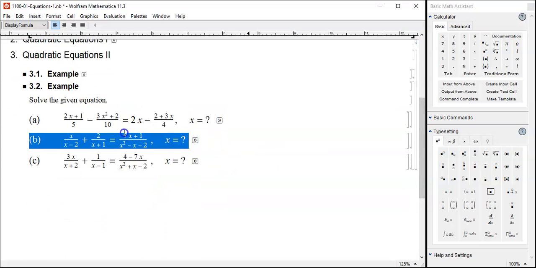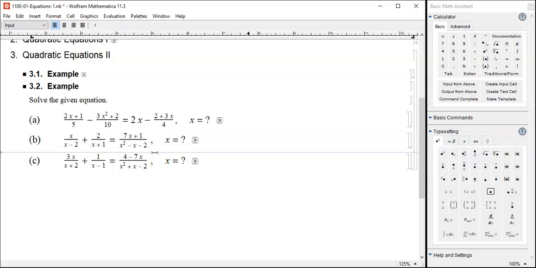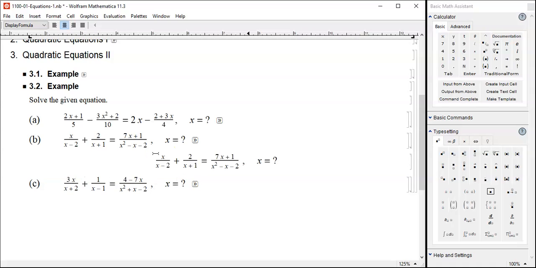So, what do you multiply to each term to remove everything? First, I'll help you make one little observation.